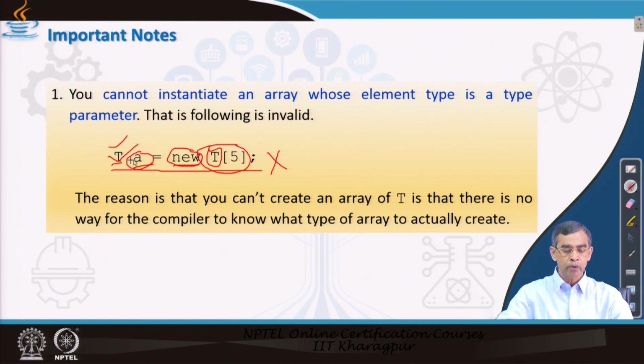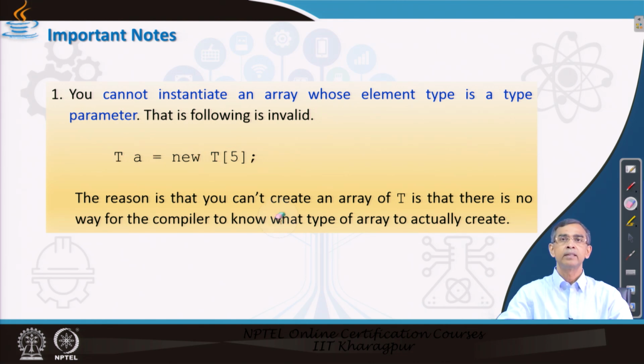If we know T is integer, it can work. But suppose T is instantiated for a user defined data type, say student, which has a string and floating point marks. So, it needs maybe 50 bytes. This is not known at the time of compilation, therefore this is not a valid declaration inside any program. You should not do that.